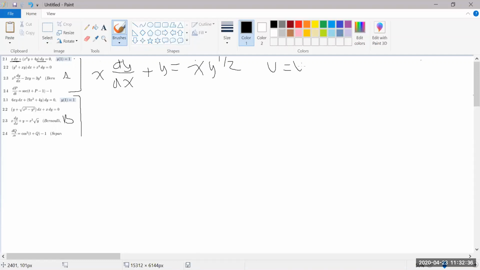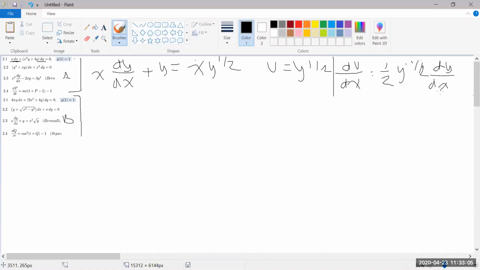So u equals y to the 1/2, meaning that du dx is going to equal 1/2 y to the negative 1/2 dy dx.